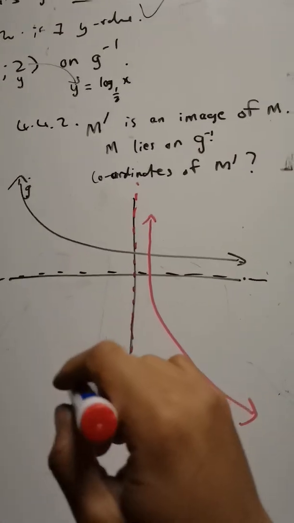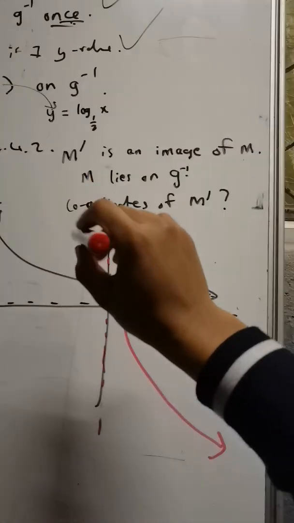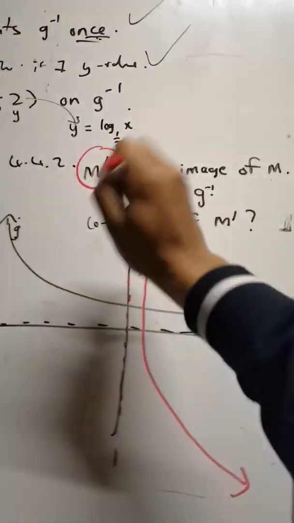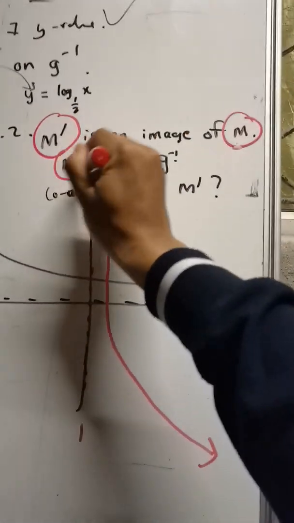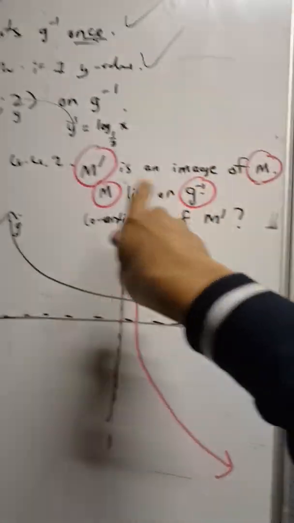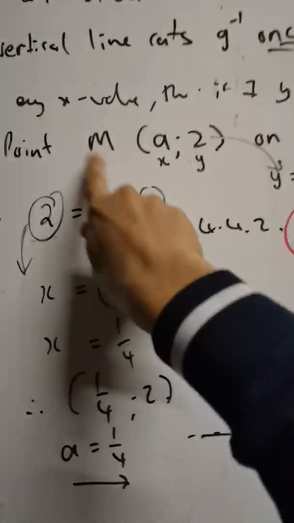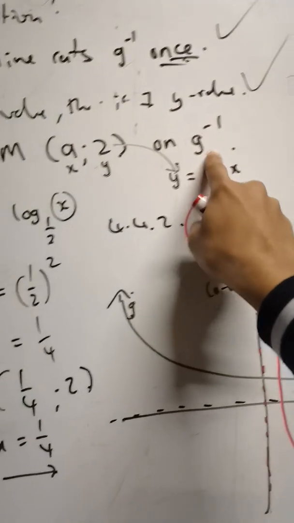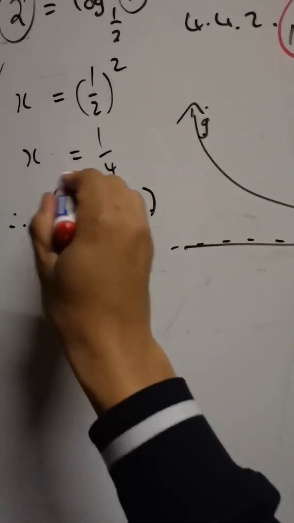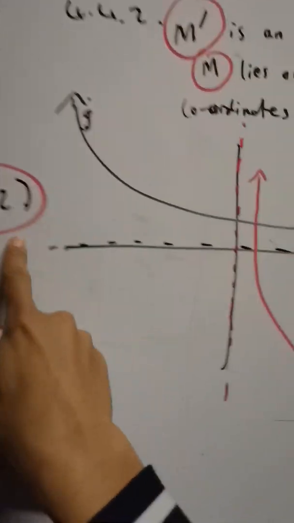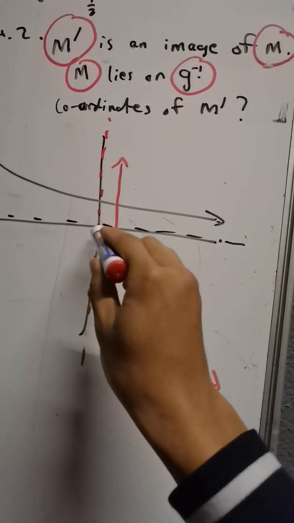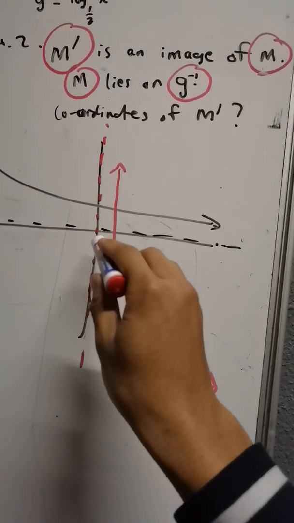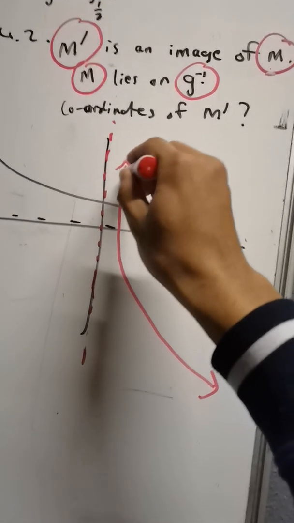They say M dash is an image of M. Now what's M? They say M lies on the inverse, and they already said in 4.4.1 that point M is on the inverse, so that's a quarter and 2. So a quarter and 2 lies about here.